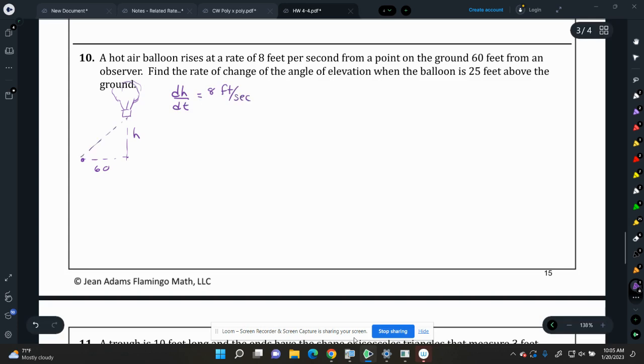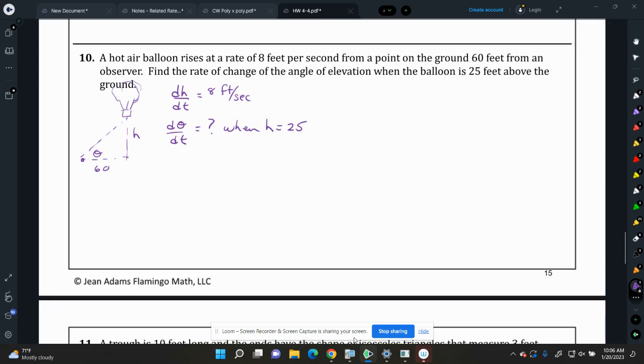So obviously I have a triangle here. Find the rate of change of the angle of elevation. So I'm looking for d theta/dt when the balloon is 25 feet above the ground. So when h equals 25.